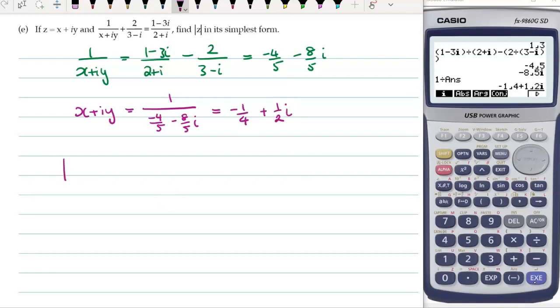So the modulus of z will be equal to the modulus of minus 1/4 plus 1/2 i. There we go. So we're doing the square root of minus 1/4 squared plus 1/2 squared.